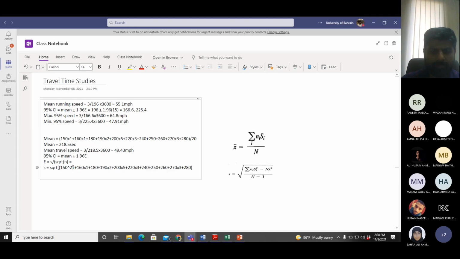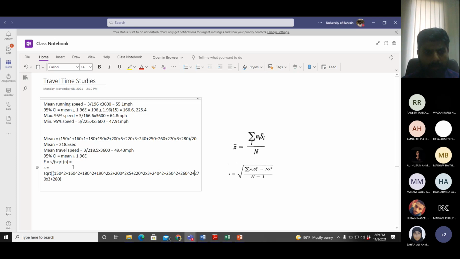So it will be 150 square. I don't need to write 1. Okay, so you complete this bracket, then you have to subtract n, which is 20, into x bar square.